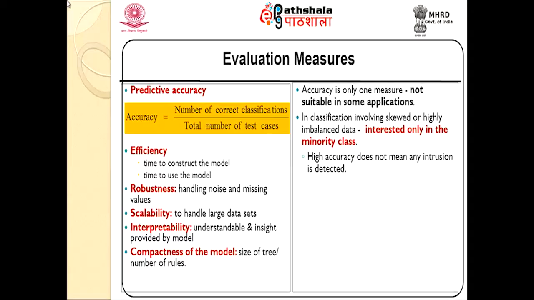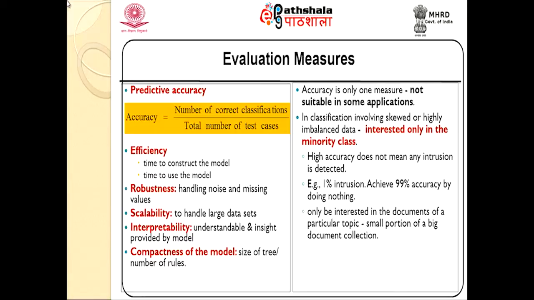So, for example, if only 1% are positive, a classifier can achieve 99% accuracy and nothing is gained by those classifications. You may be interested only in documents of a particular topic, but that topic may have only a small number of documents. So, high accuracy does not mean it will give you a good classification for that minority topic. That is what we are talking about.